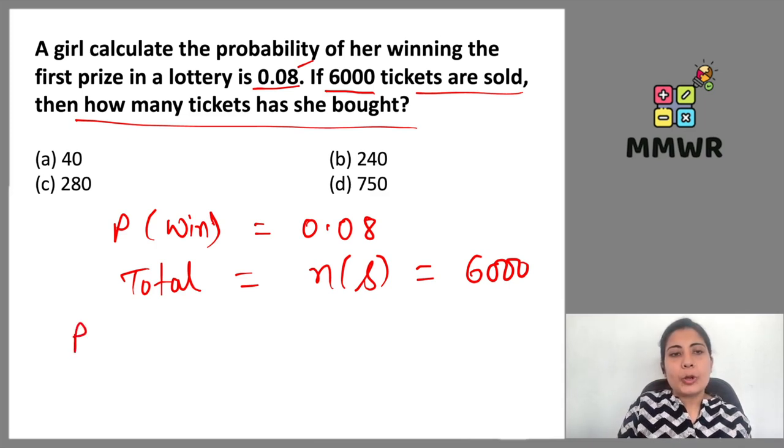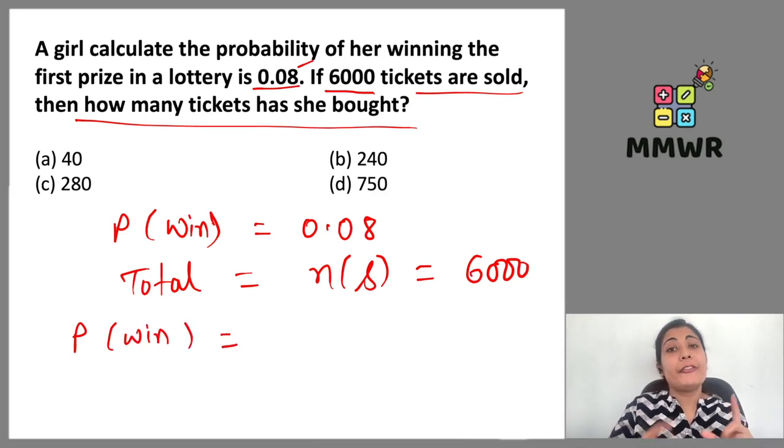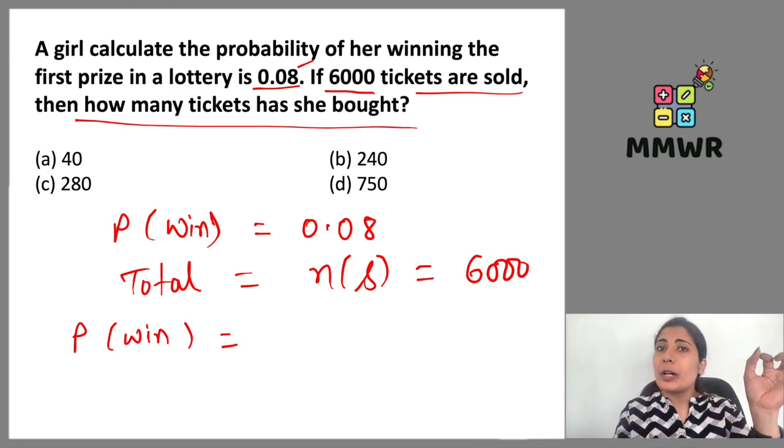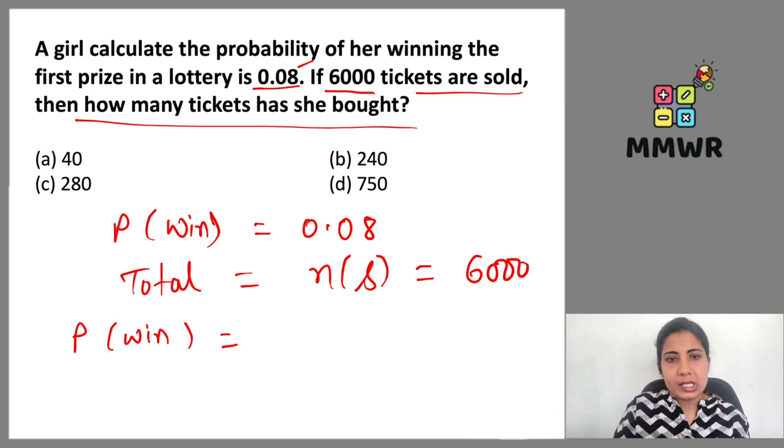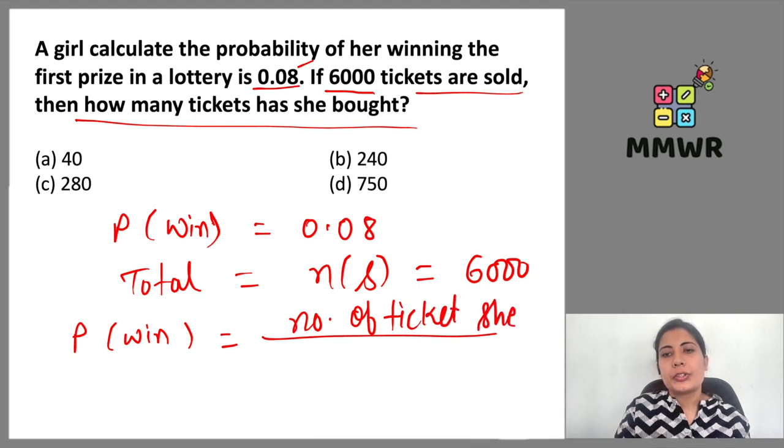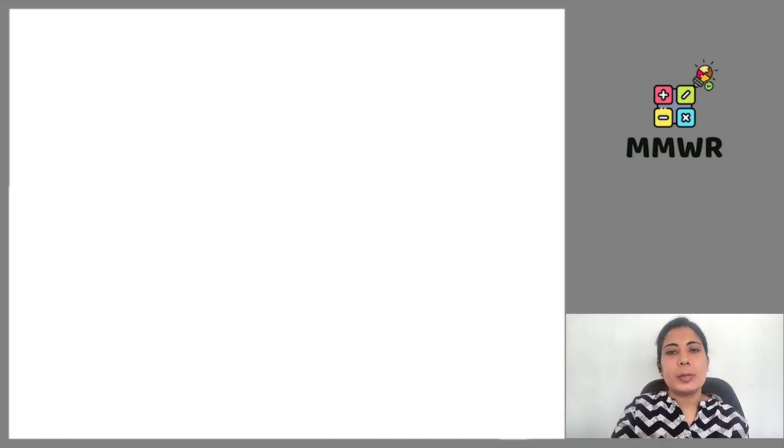Okay, so the formula of probability of winning, everywhere we have the same formula: favorable outcomes over total outcomes. And whatever the probability we want, the favorable outcome will be the number of tickets she has purchased. Number of tickets she bought. And total tickets, that means n of S. So probability of winning, we will be putting the values into the formula: 0.08.